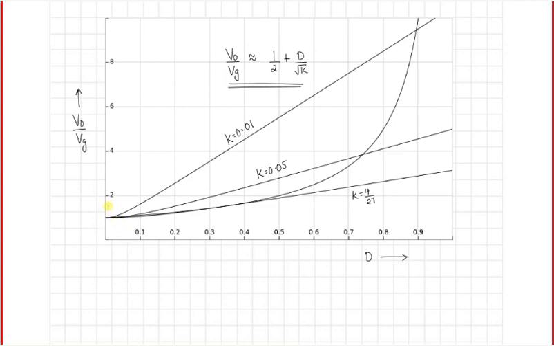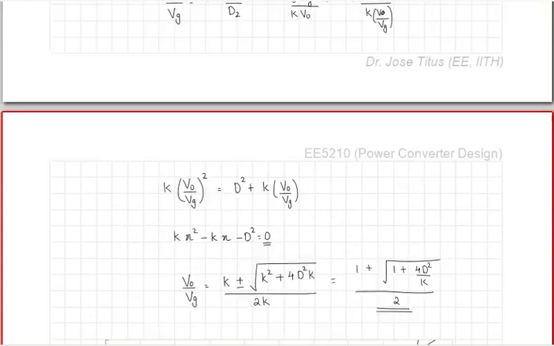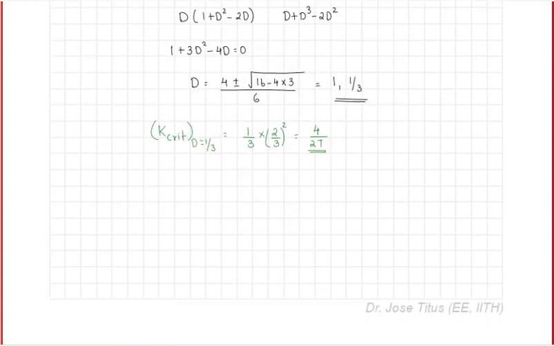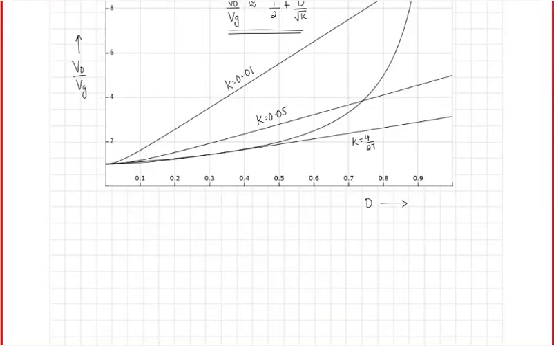And if you zoom this initial portion where the d is very small, you will be able to see, so this is not very clear from this figure, but you will be able to see this variation where the converter is initially operating in CCM, then goes to DCM, and then comes back to CCM, right? So that variation you will be able to see.